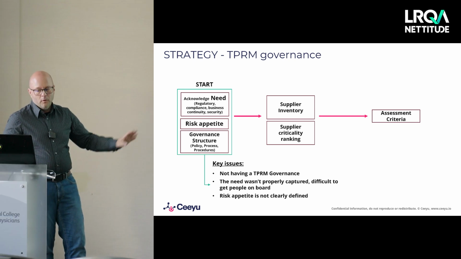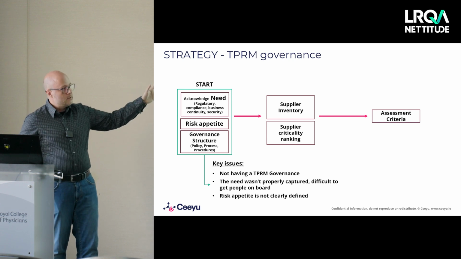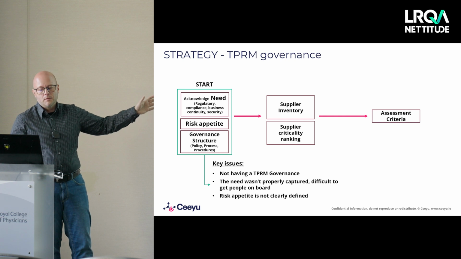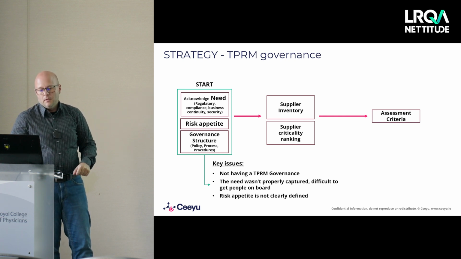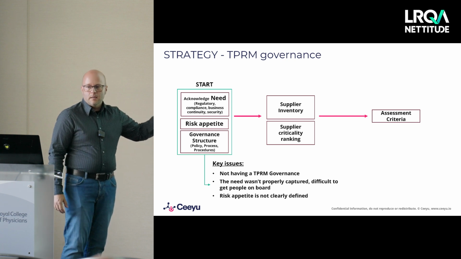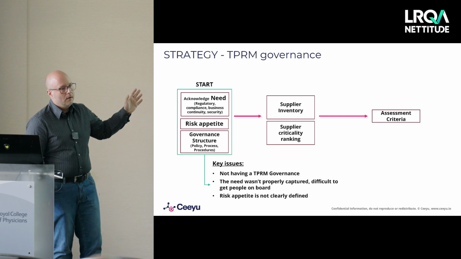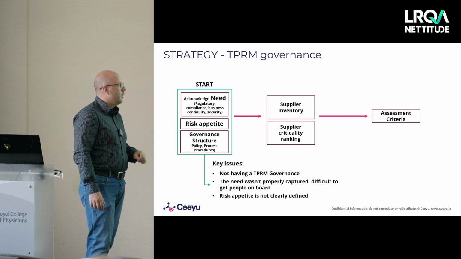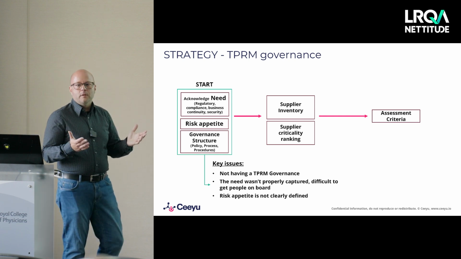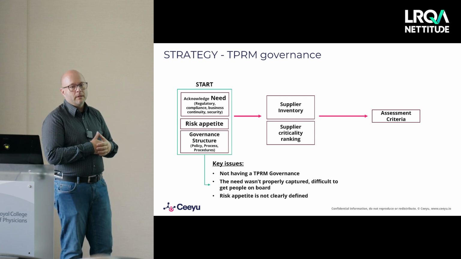From there, we go, and I'll highlight that in a different slide, to the inventorization of suppliers and then executing the assessment. Now, some key issues that we often see arising here is not having a TPRM governance. You would be amazed at how many companies start third-party risk management without a proper TPRM governance structure in place.